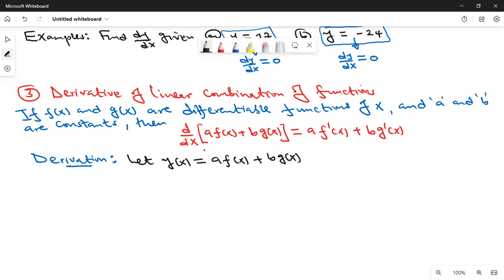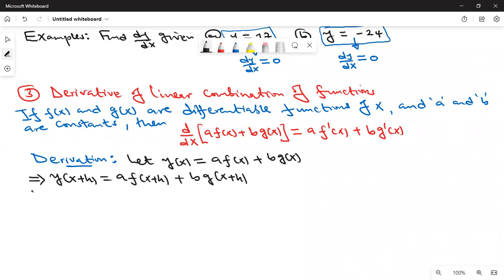That's for y. I want to use first principle. So this means that I need to get y of x plus h. Therefore, y of x plus h is the same as a, a constant, times f of x plus h plus another constant b times g of x plus h.